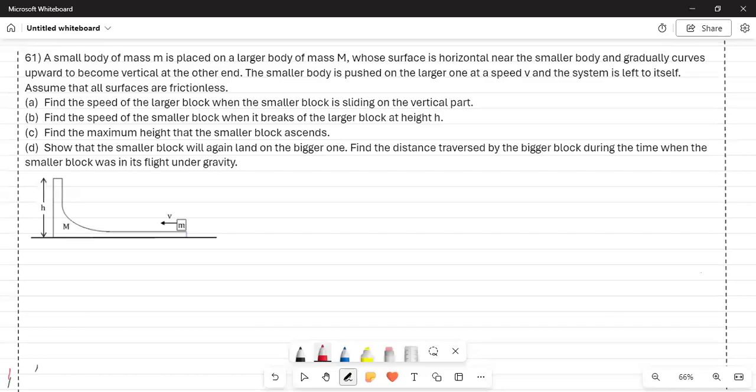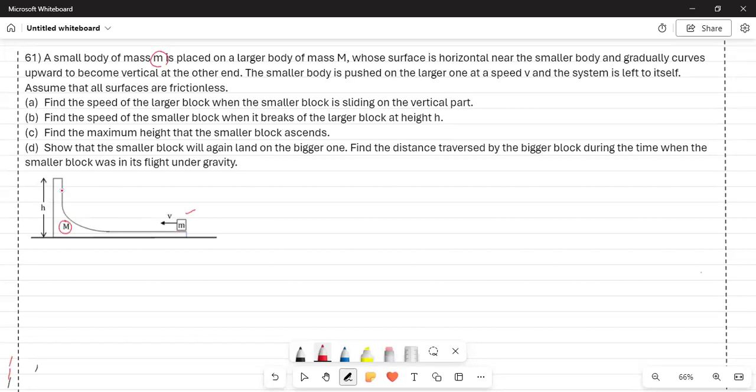Let us try problem number 61 of your textbook. This problem I have found a little lengthy, so we go carefully step by step. It says a small body of mass m is placed on a larger body of mass capital M, and the shape of the larger body is given.